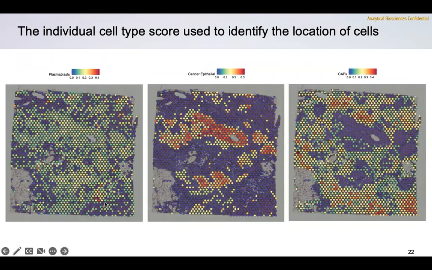Here in the lower part is the region where we got the highest score for plasmablasts. This is the image that I showed before: the ribbon-shaped region is where we have the highest score for cancer epithelial cells. And cancer-associated fibroblasts are located on the upper part and lower part of the tissue.